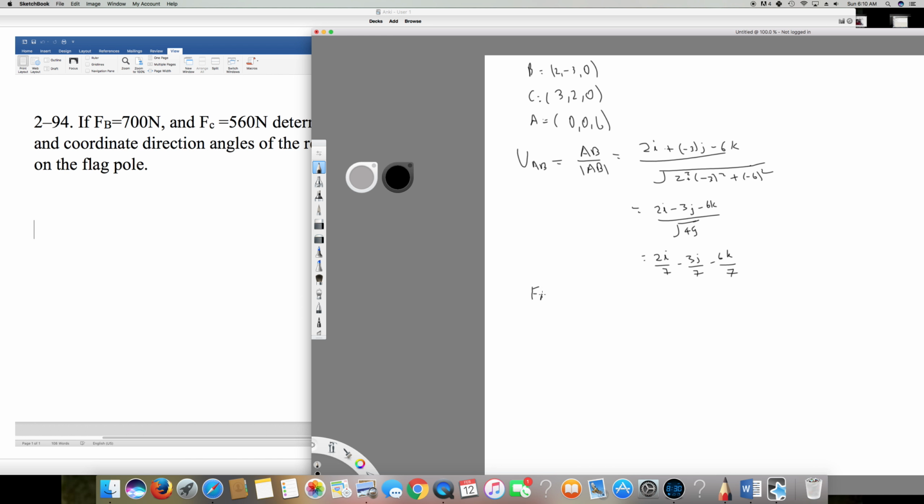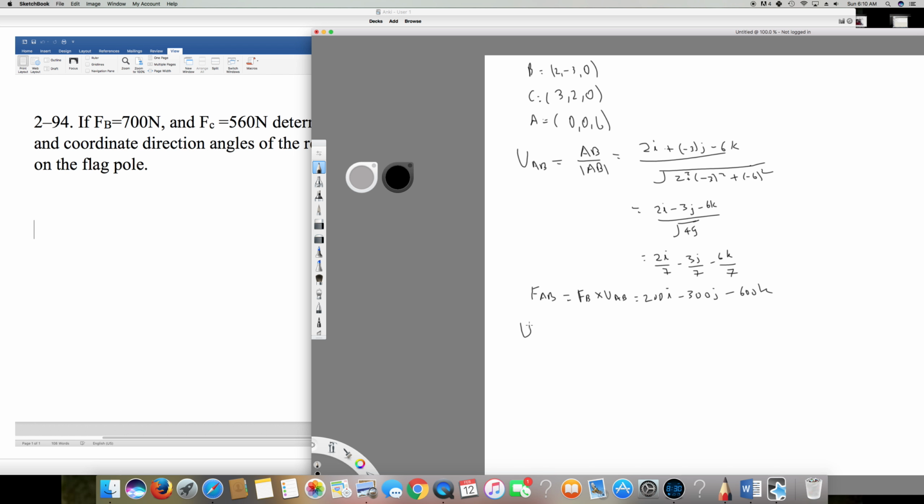FAB is going to be FB times UAB. FB is given as 700, and it's all divided by 7, so I can simply multiply by 100 each of them. So it's going to be 200i minus 300j minus 600k.